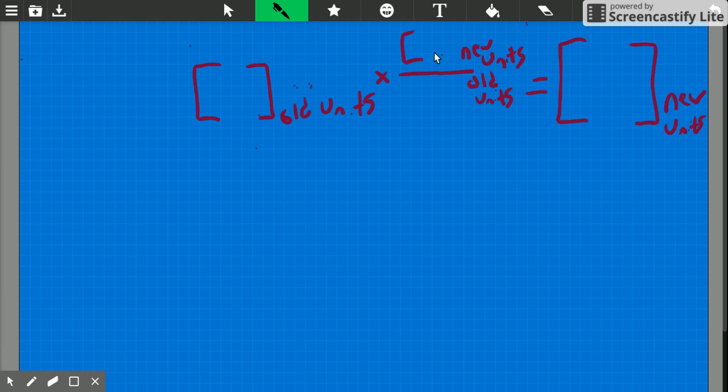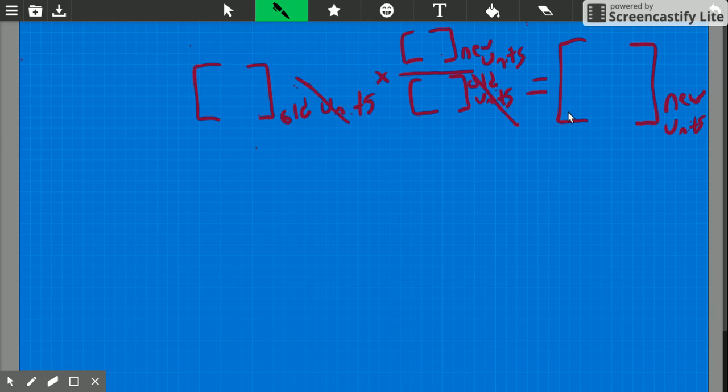So you've got basically a ratio, one overall number, that has new units in the numerator and old units in the denominator. And because we understand dimensional analysis, we know that old units will cancel out with old units, and the final answer will be left in the new units that we're interested in.